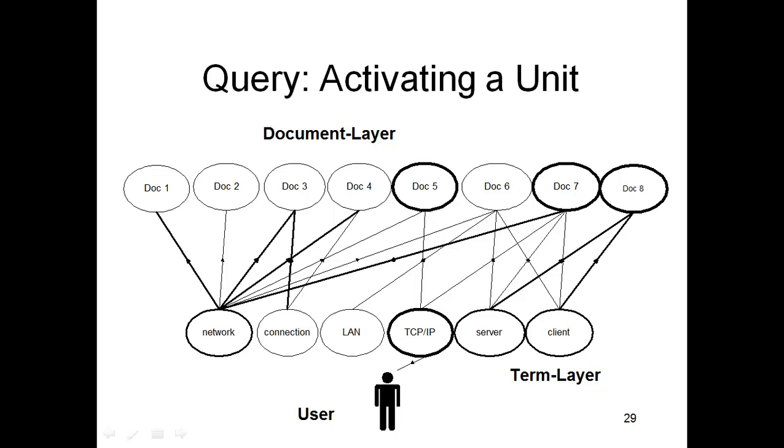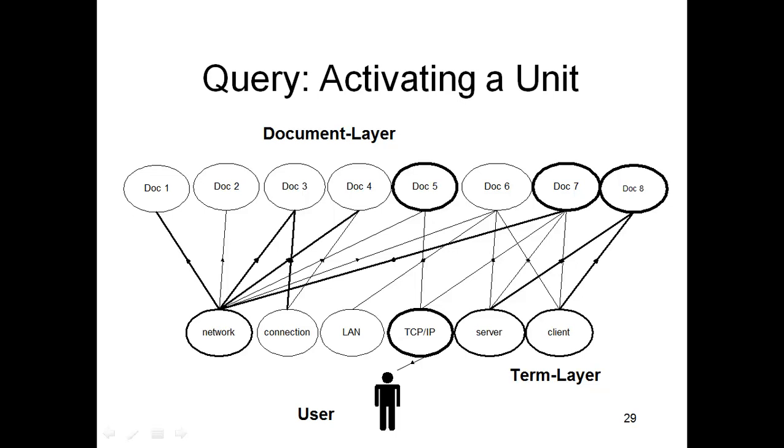And that means I have a term being activated that helps me in the retrieval that I didn't have to write down in the query. I didn't have to type. And that is called term expansion. Often users are lazy to type a lot of terms. The more terms you type, the more the computer knows about your interest and the better the results will be.